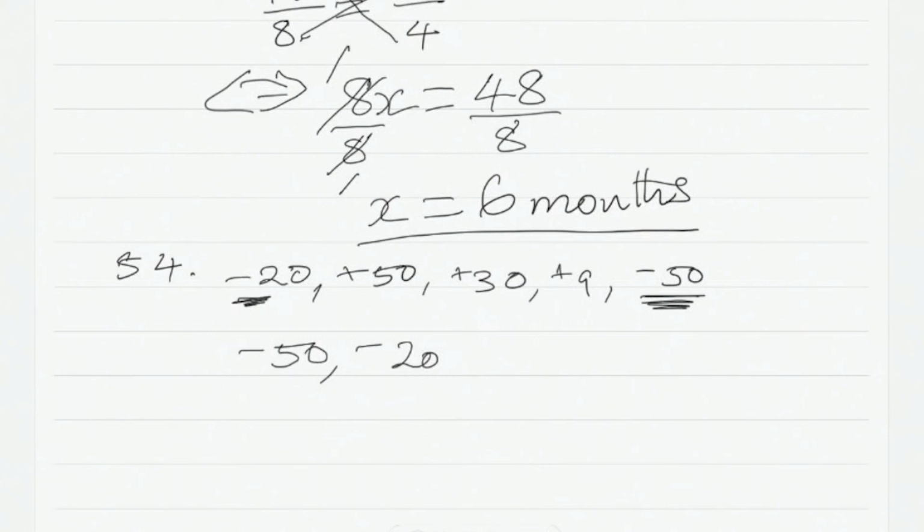So, 9 will come there. Positive 9 is to the left of positive 30. So, positive 9 is smaller than positive 30. And the whole situation will go like that.